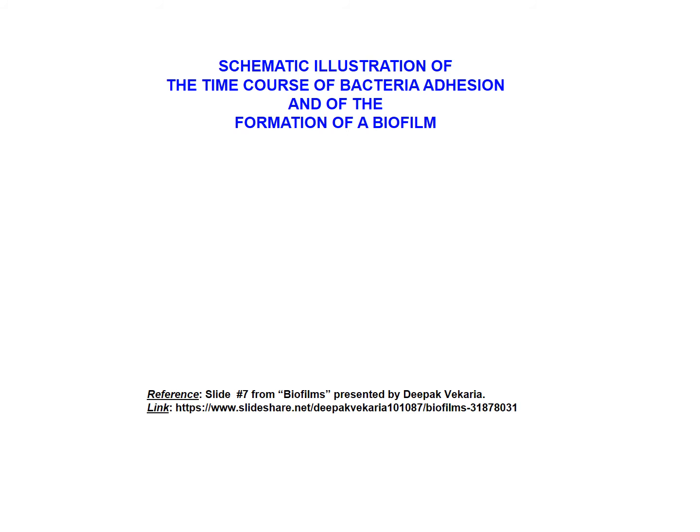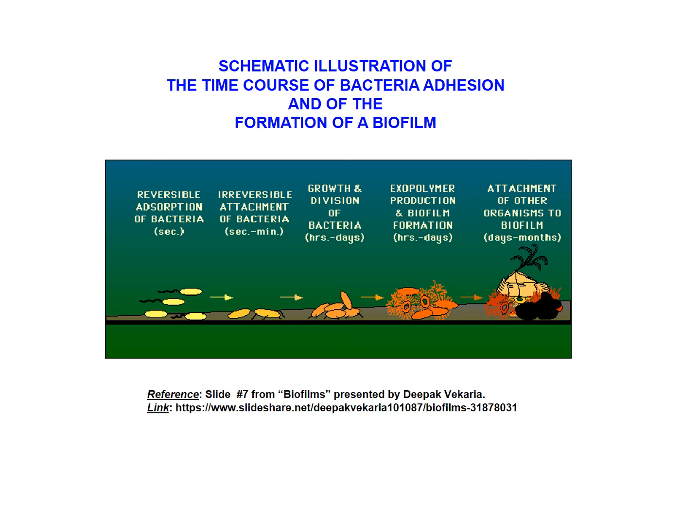The schematic illustration of this slide shows the various steps in the formation of a biofilm. To start with, planktonic bacteria. These are identified as such because they have those little tails which are shown on the very extreme left side of this illustration.